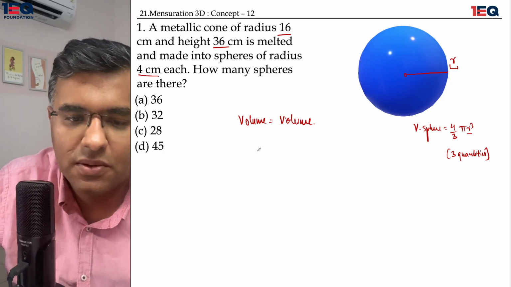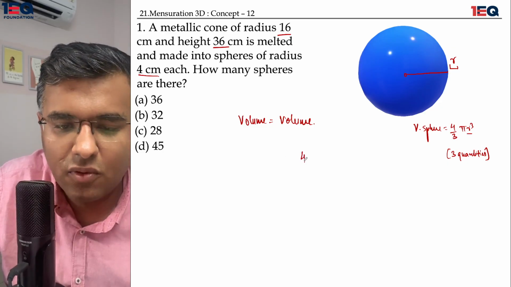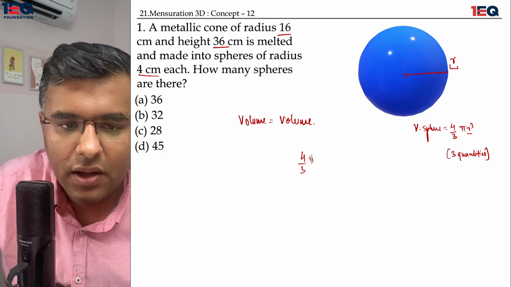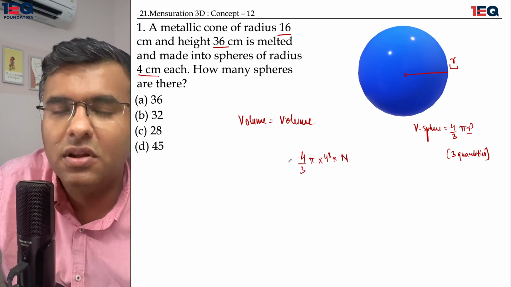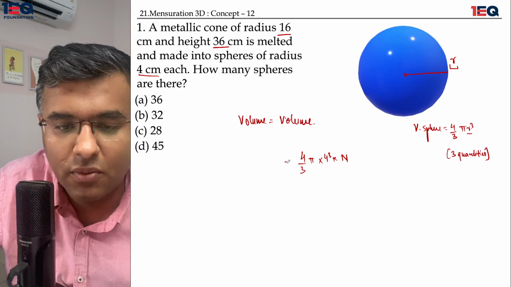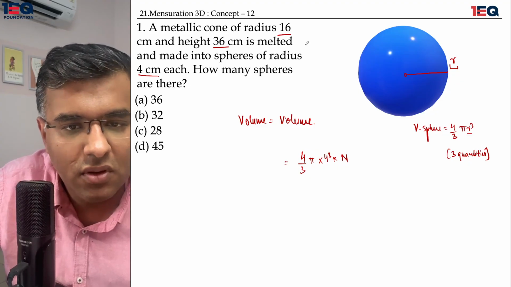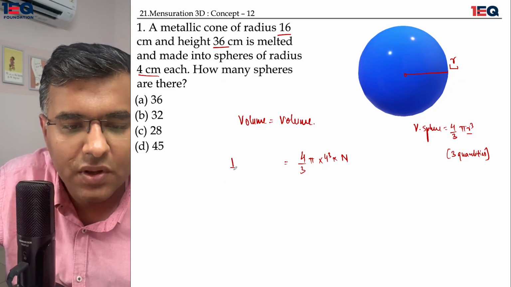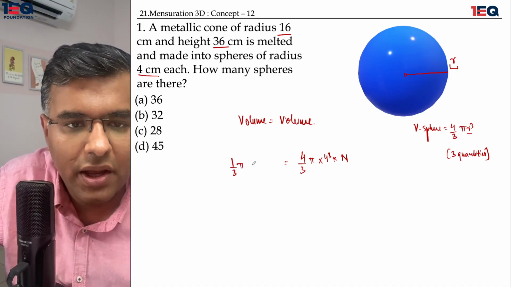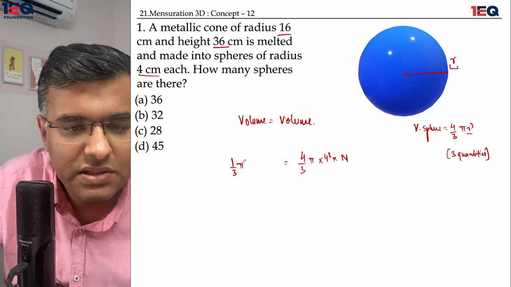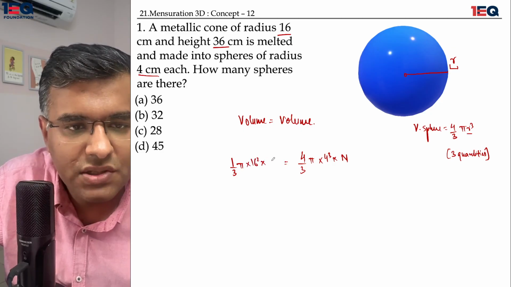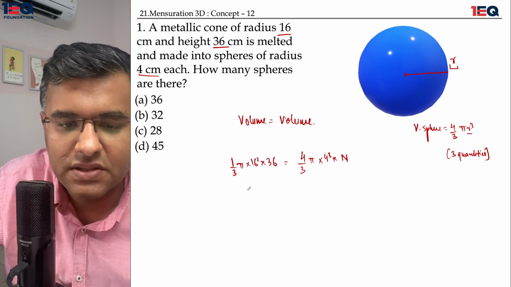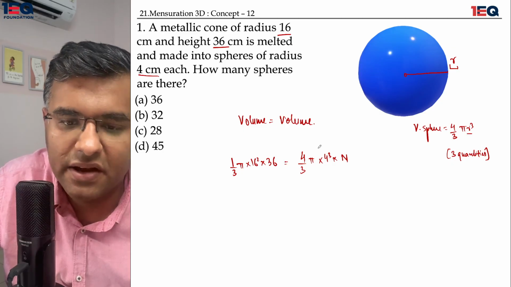So when volume is equal to volume, 4 by 3 pi r cube is 4 cube multiplied by the total number of spheres that would come out. Also the cone, we already have a cone of some radius. So 1 by 3 pi r square h is 16 square into h, which is 36. I need to find out the number of spheres that I have.